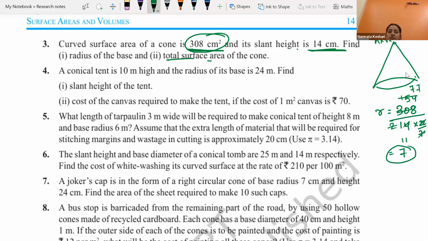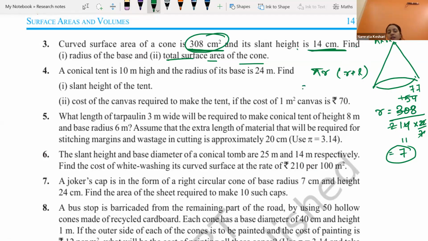Please find the total surface area also. The formula for total surface area is the same: pi r l plus pi r square, or pi r in bracket (l plus r). Ma'am, I'm getting the total surface area 462 centimeters square.